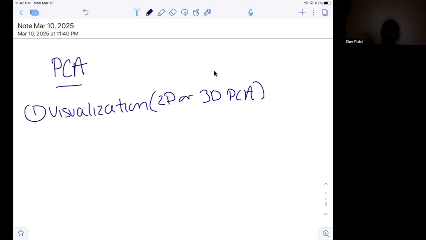Now, when we talk about principal components, you can think of it as essentially projecting the data set onto a new set of axes, and then transforming the original data onto those axes.